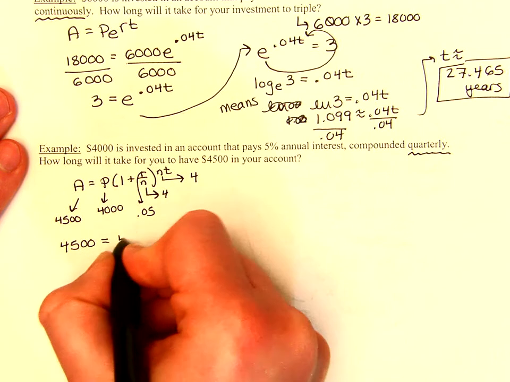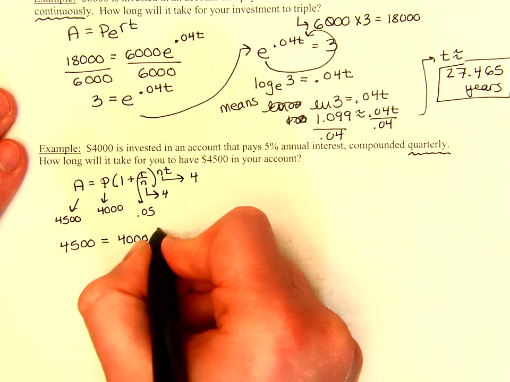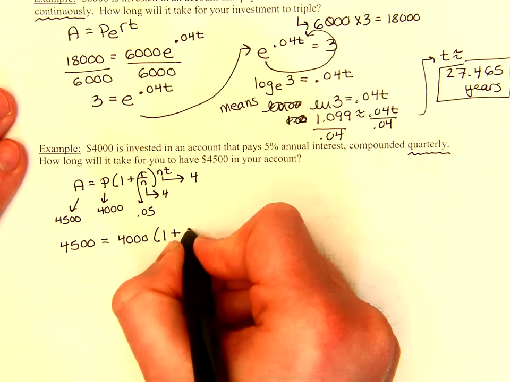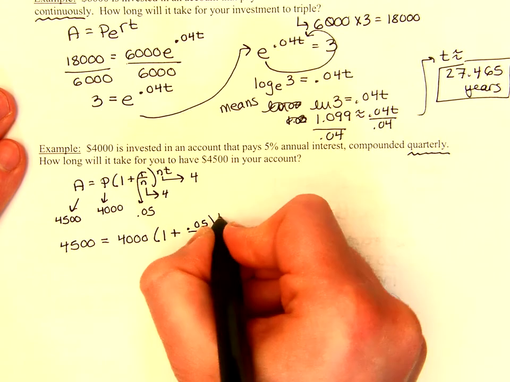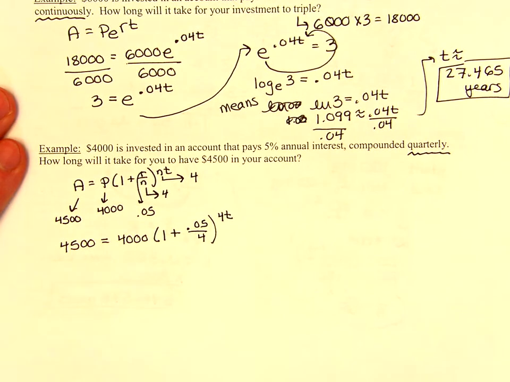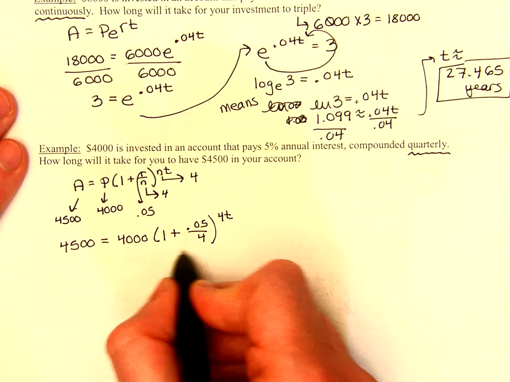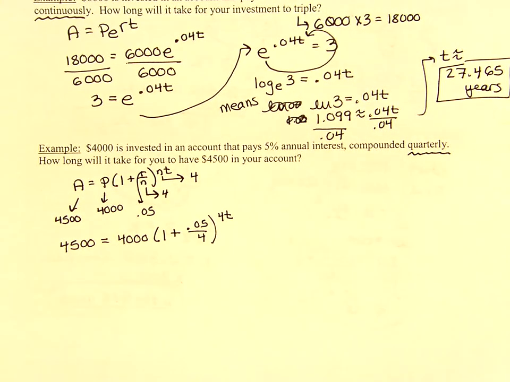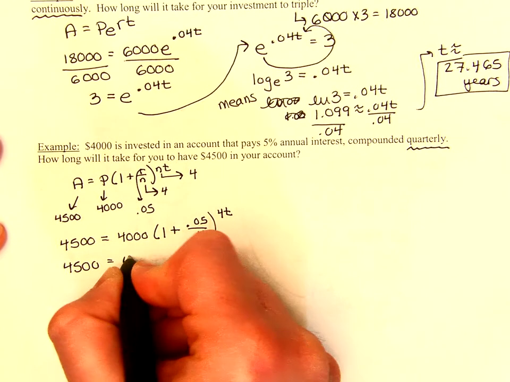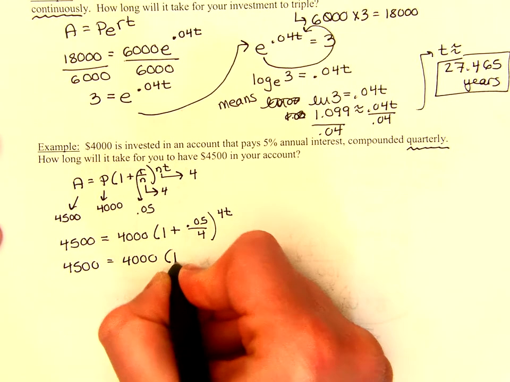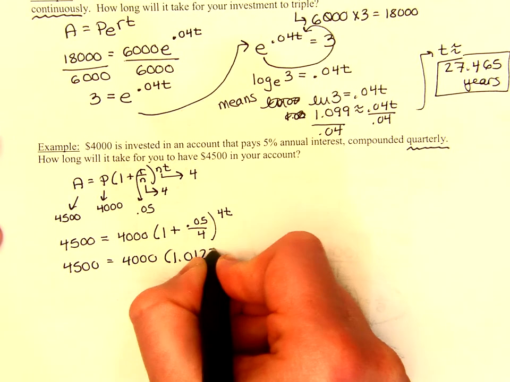I'm going to get 4,500 equals 4,000 times 1 plus 0.05 over 4 raised to the 4t. I want to simplify this a little bit. Let me figure out what 0.05 divided by 4 plus 1 is. That's giving me 1.0125.